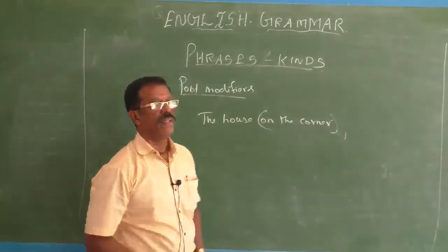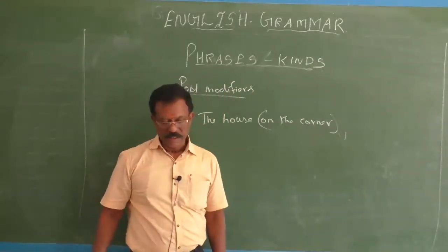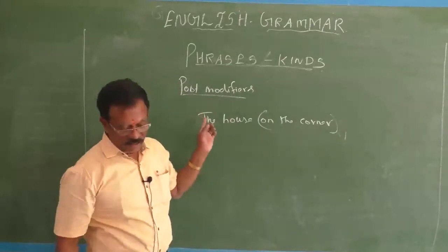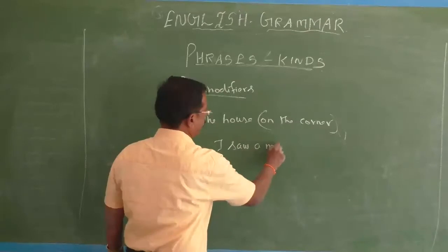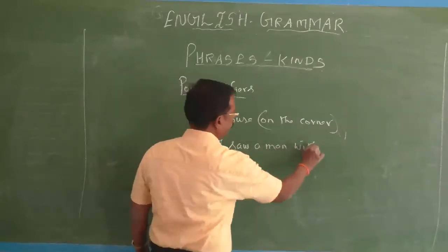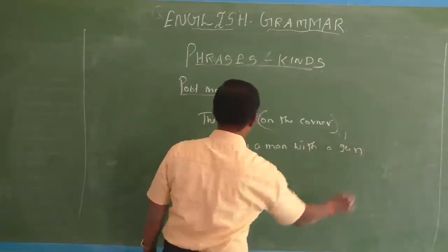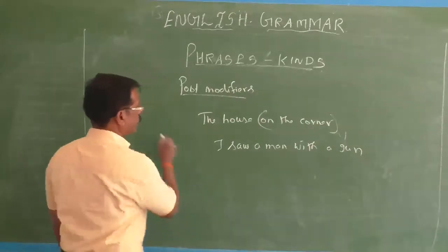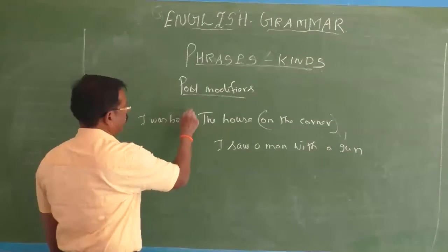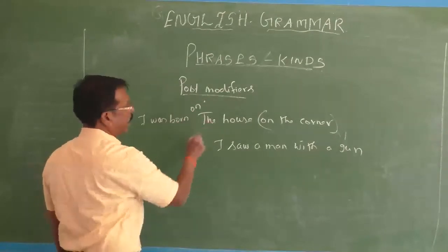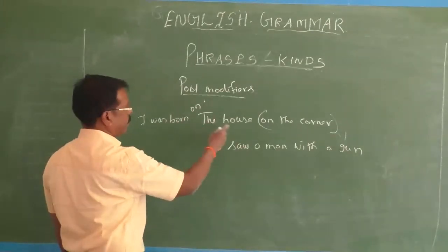Actually, it is the house on the corner. See, a man with a gun. I saw a man with a gun. I was born in the house on the corner. You can say like that.